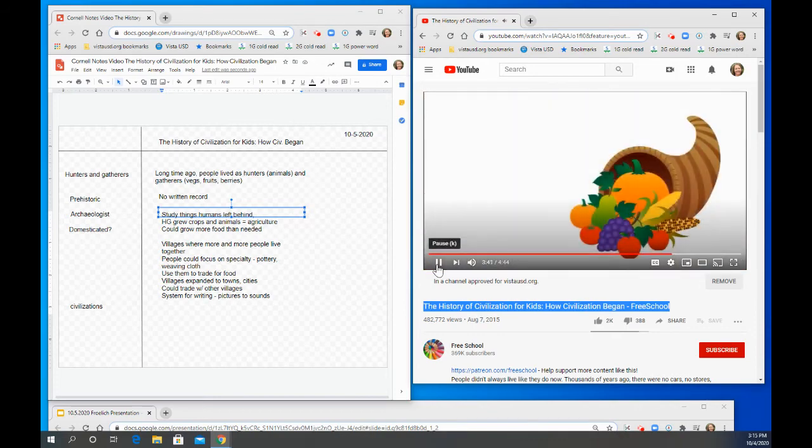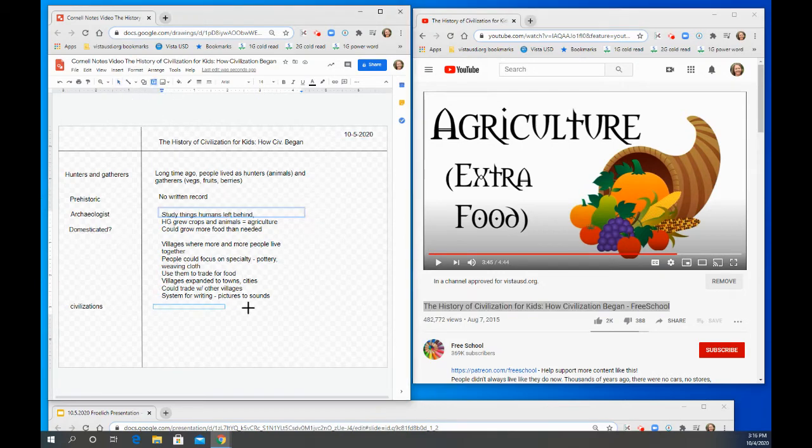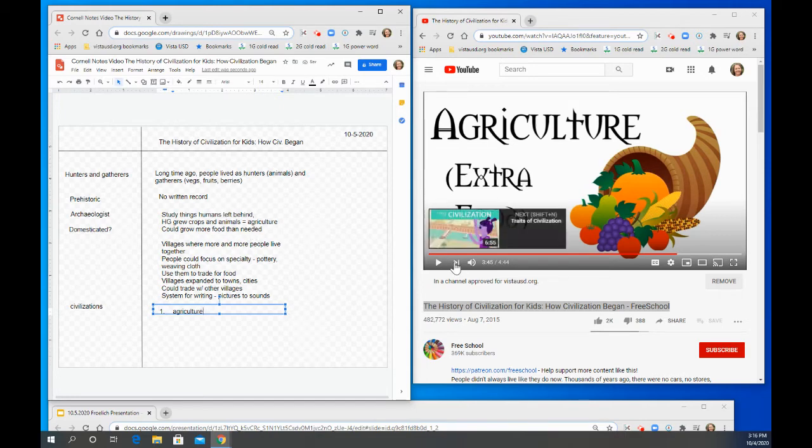Number 1, civilizations need to have agriculture and extra food available. It says, number 1, agriculture. And we don't have to define agriculture because we already have it in our notes up here. So we can just leave it as agriculture.